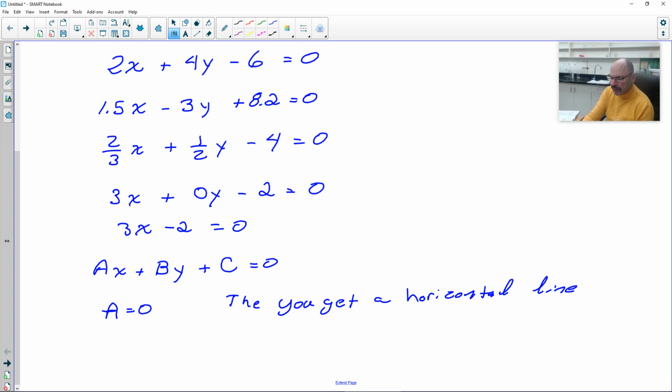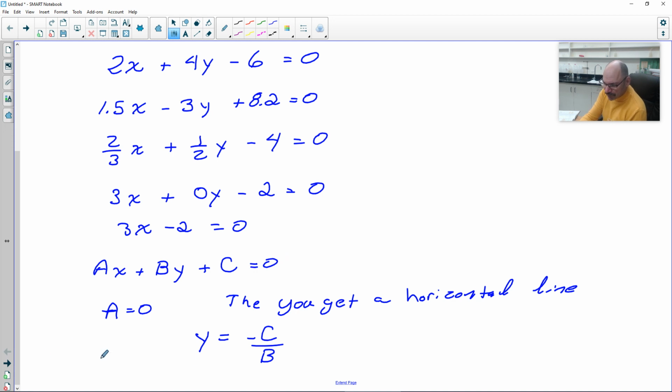And if we go even so far as to put the 0 in, it would be y equals negative c over b, based on this line, because you would just move the c over there and divide by what's in b.